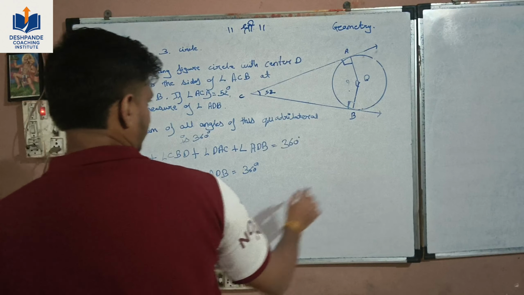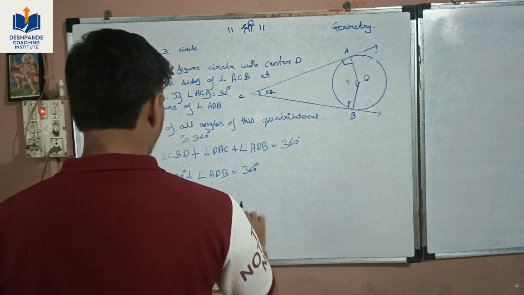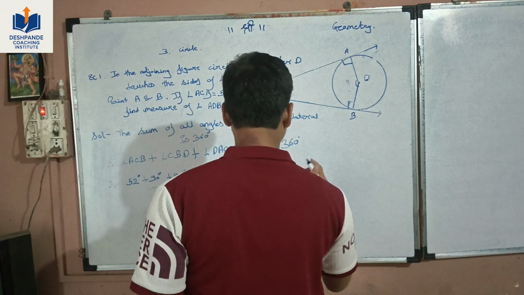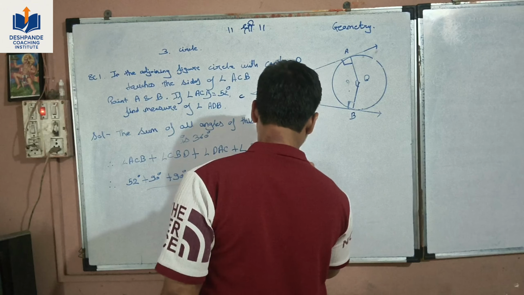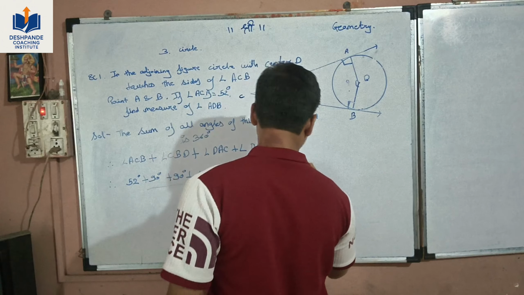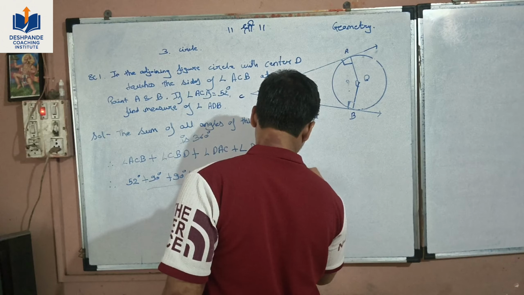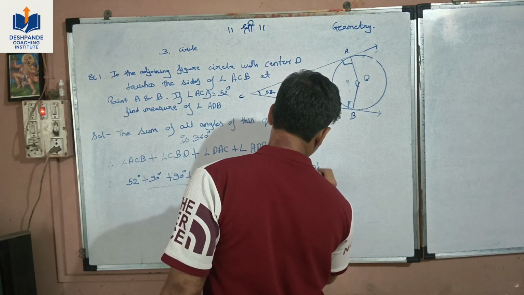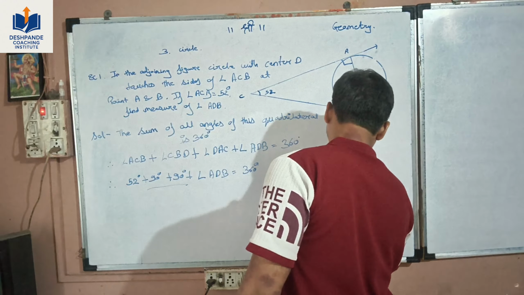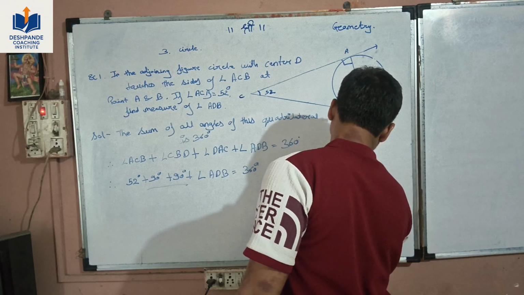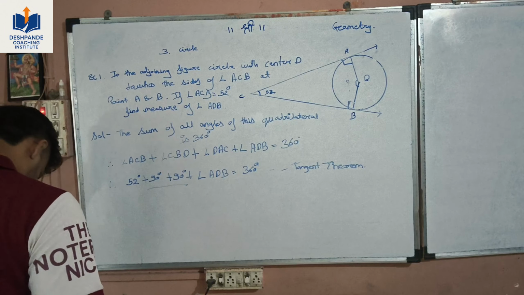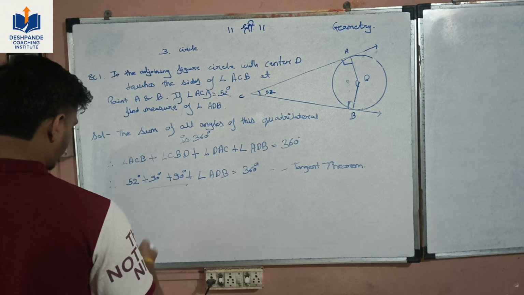These 90s, angle B and angle A, were proved in the tangent theorem earlier: the radius is perpendicular to the tangent, so it is 90 degrees. Tangent theorem, I guess the spelling is correct.